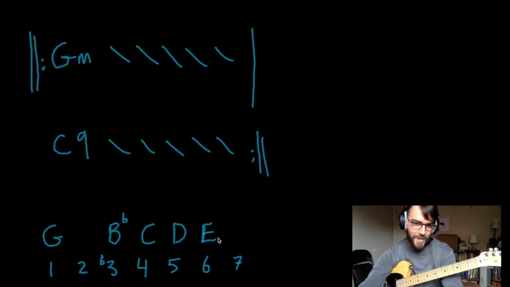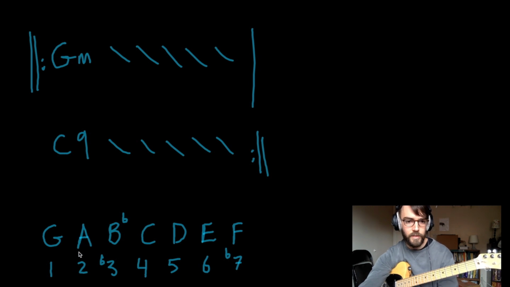Alright, so if we don't have a flat 6, then we must only have a flat 3, and we can deduce that we also have a flat 7. So a flat 7 in the key of G would be F, because usually it's an F sharp. And then just to fill in the blank, because the second note is unaltered, that would be the second note of a G scale, which is A.